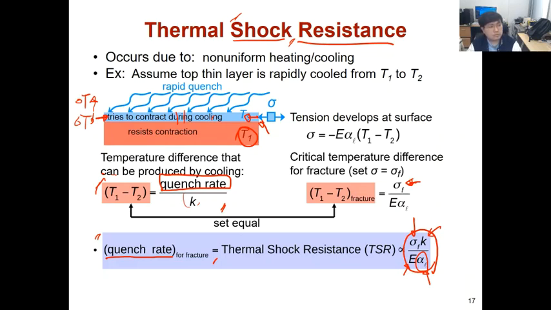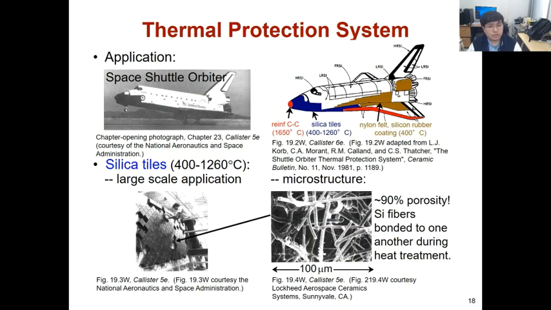So this is the concept of thermal shock resistance. If we have a large thermal shock resistance, TSR, value, at that time we can use that kind of material for a space shuttle, because they need high thermal shock resistivity.